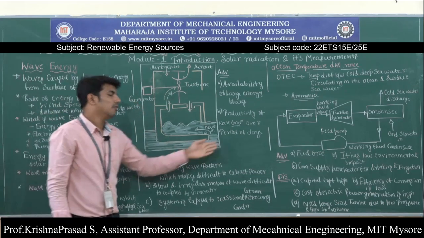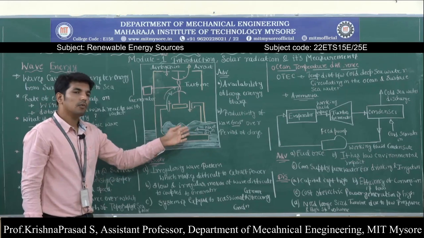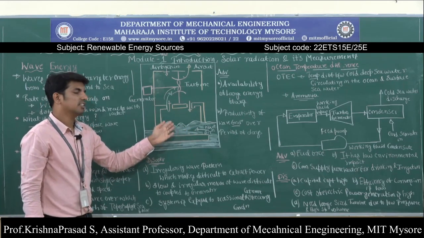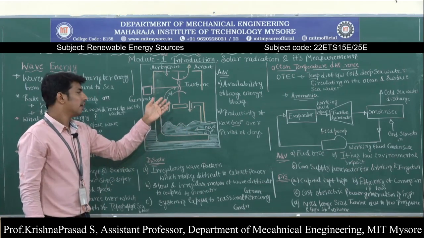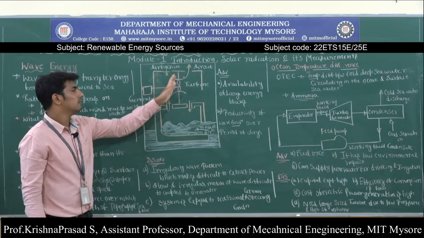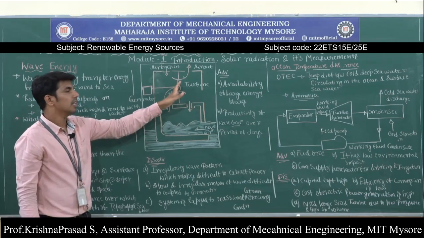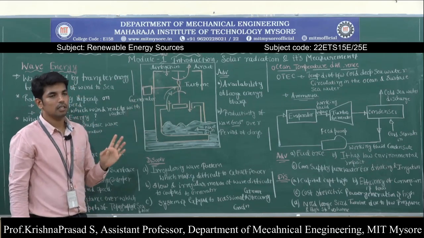I repeat, when the wave enters into the lower chamber, the water present in the lower chamber rises up, and the air present on the surface of the water moves into the upper chamber and turns the turbine. This in turn is coupled to the electrical generator to produce electricity.